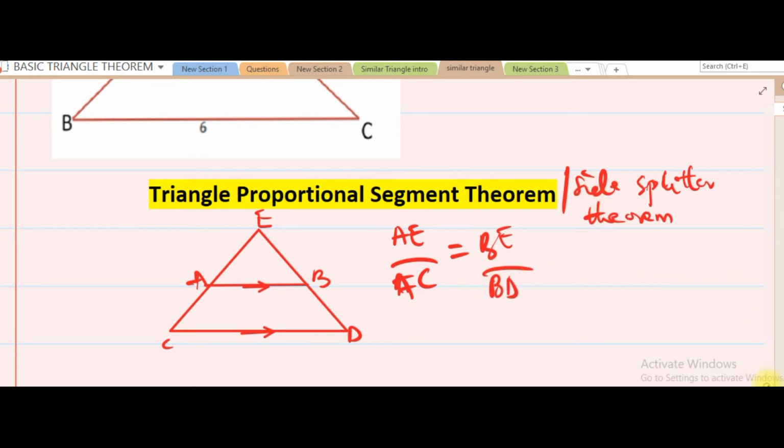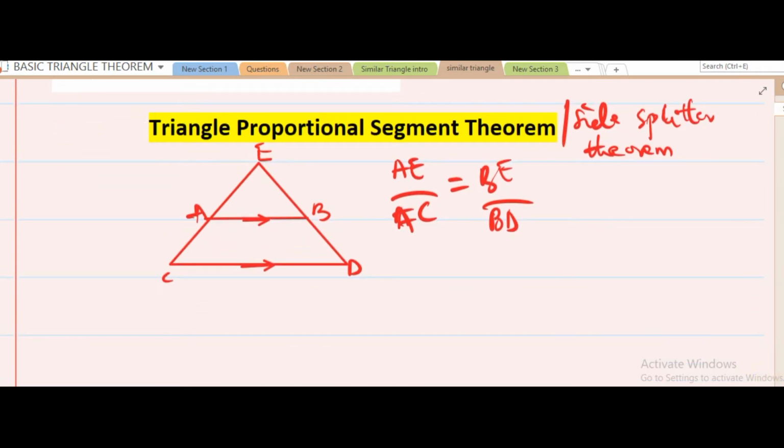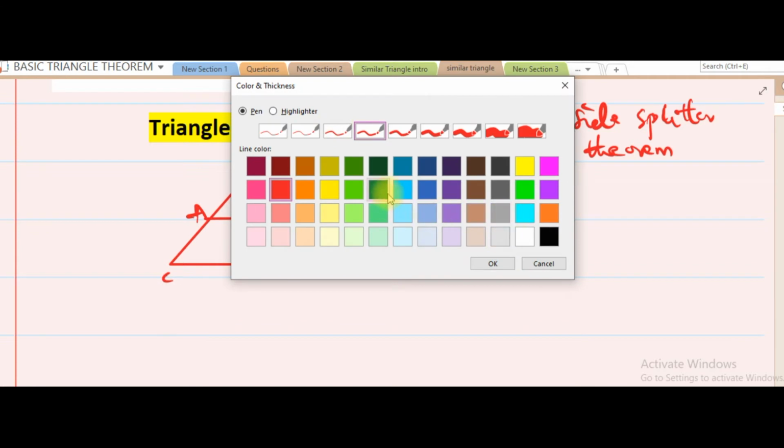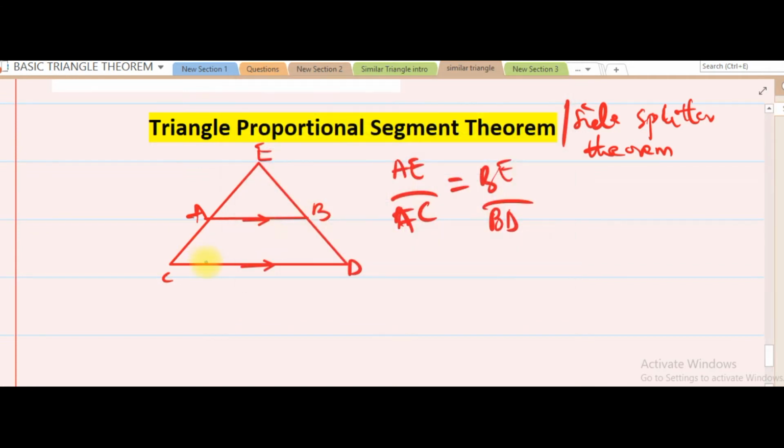It's very, very important. To prove this, let me do a quick proof. Looking at this triangle, we'll use similar triangles to prove this. That's why it's under this topic.